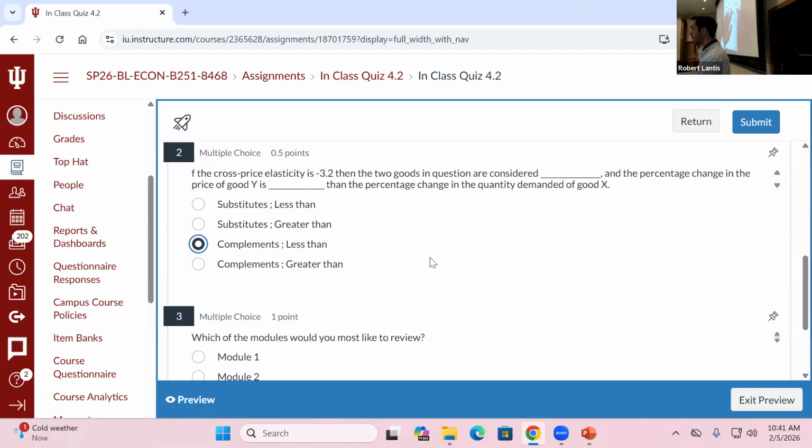The numerator has to be, once again, if we are struggling with the idea of when fractions are less than or greater than 1, we need to have this solidified, right? So the only way this fraction is above 1 is if the numerator is greater than the denominator, right? And that was the second part of the question, right? I think the way it was phrased was the percentage change in the price must be less than the percentage change in quantity, which is why I gave you that. It's the way that this question was phrased, right? You could say it either way, right?